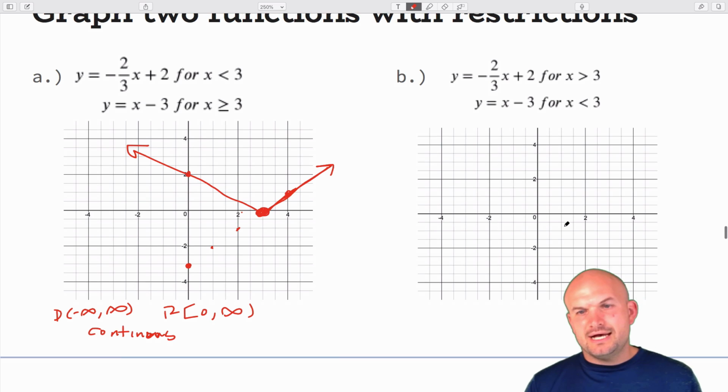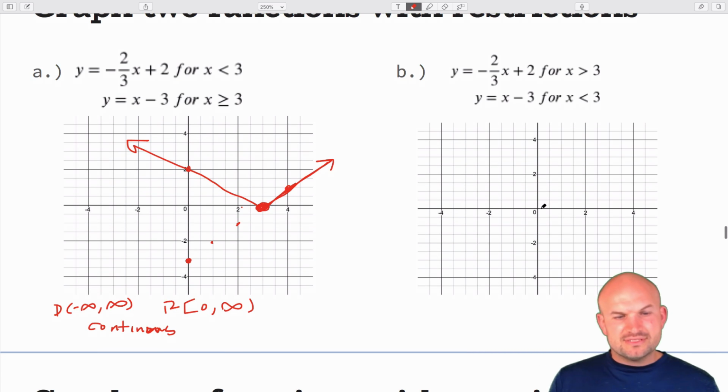All right, the next one here is basically the exact same graph, but now some things are going in the other direction. So I have -2/3 x plus 2, so plus 2, down 2 over 3.